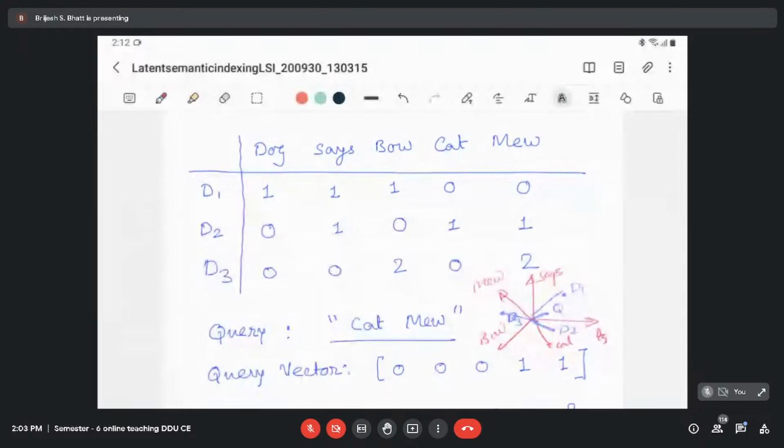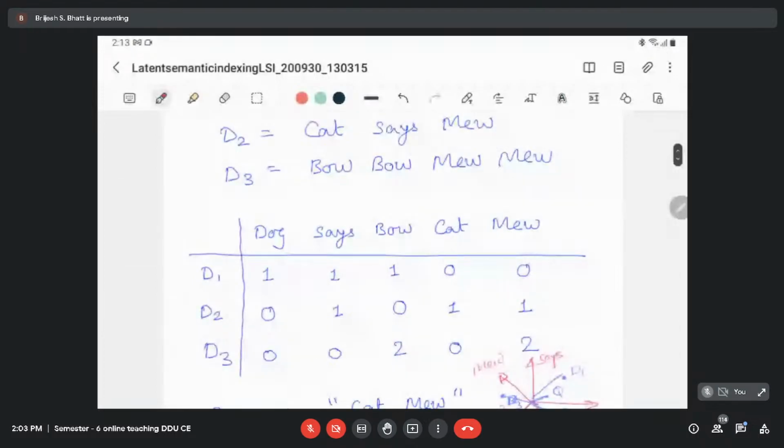And the problem here is, when the vector is so huge, not all documents use all words of the language. So most of the words will get the value 0. Like if document one has only 3 words, cat says meow, and you are creating a dimension of the entire vocabulary of English, then most of the data will be 0.